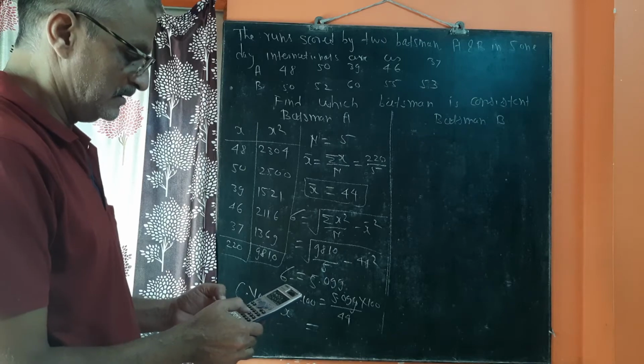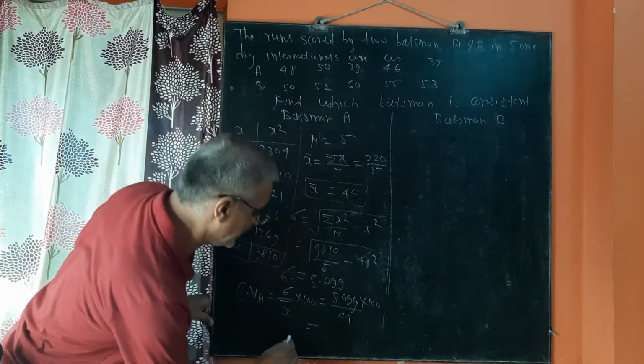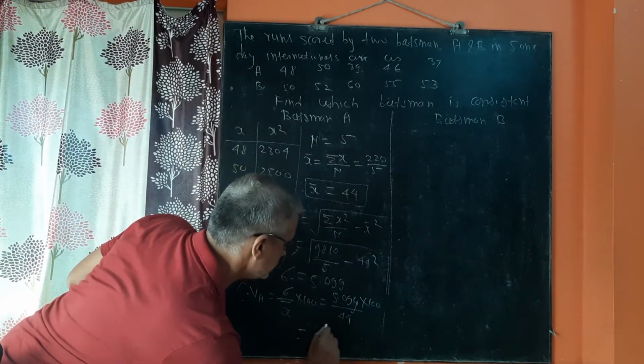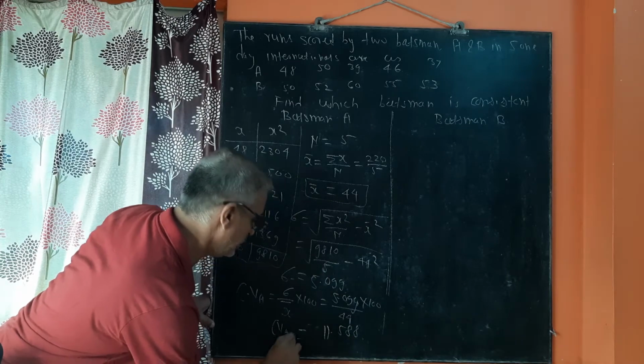That comes to 11.588. So CV of A is equal to 11.588. This is CV of A.